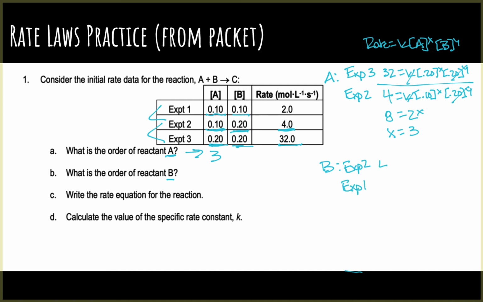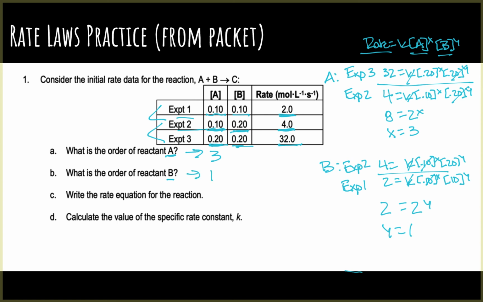So I have 4 equals k, 0.10 to the x, 0.20 to the y, over 2, equals k, 0.10 to the x, 0.10 to the y, with the data coming from the data table. All I'm doing is subbing in those values for each experiment. This gives me 2 equals 2 to the y, because the k's cancel and the x's cancel. So y equals 1.